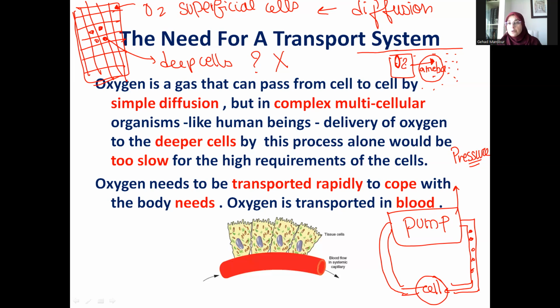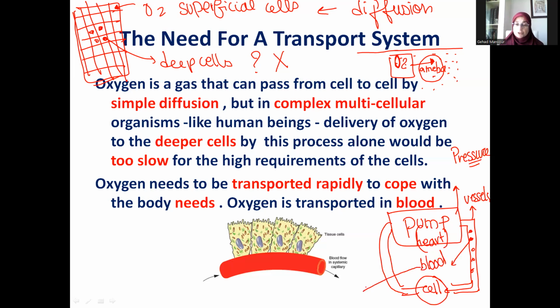Just like when you have a very high building, then you require a motor to pump water upstairs. So we generate pressure through the heart, which is the pump of the cardiovascular system, and we need transport vessels that are the blood vessels, and we need a transport fluid that is the blood.